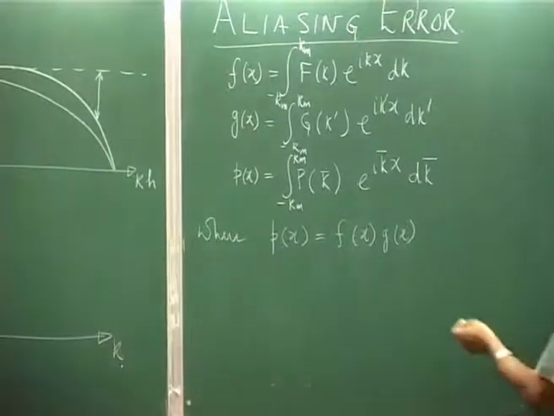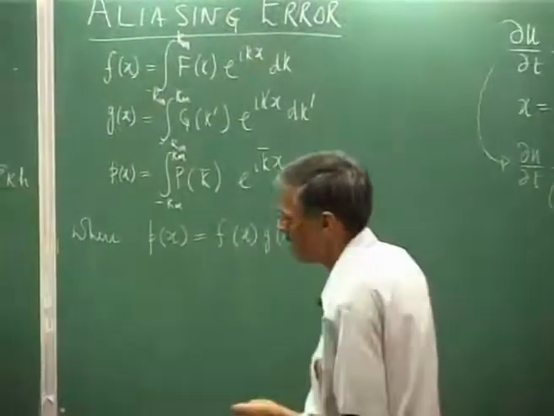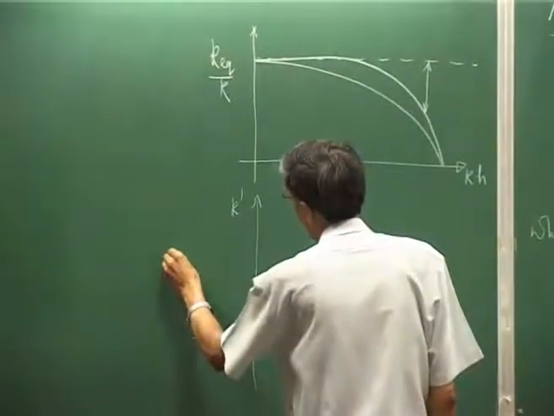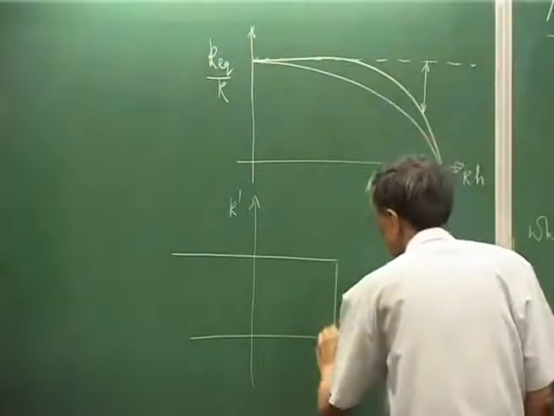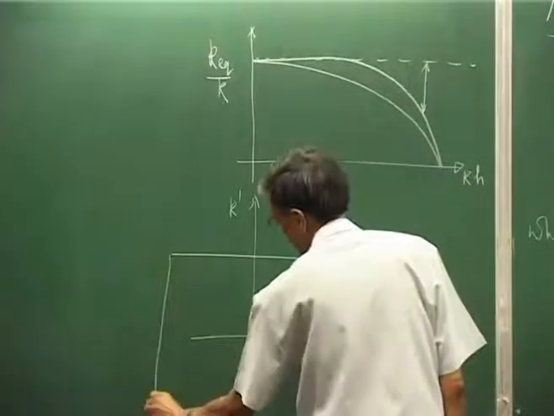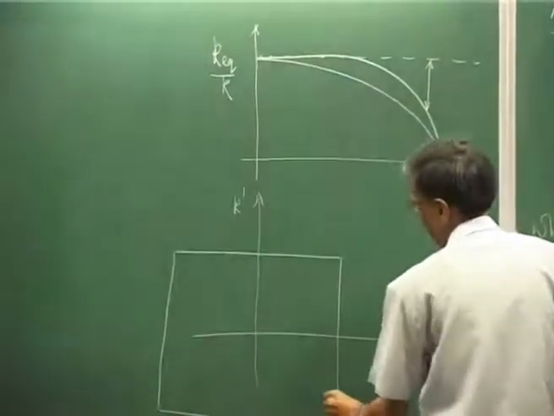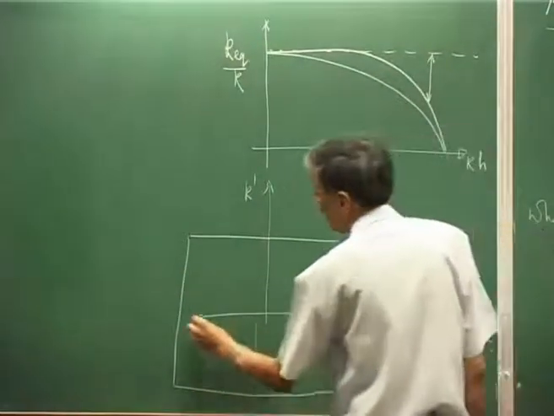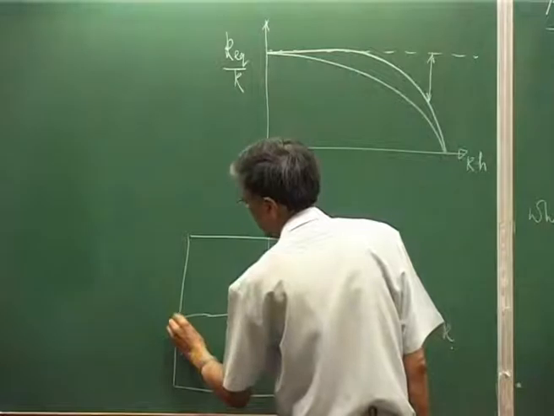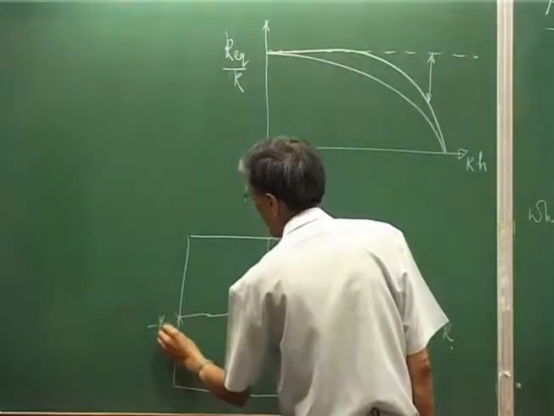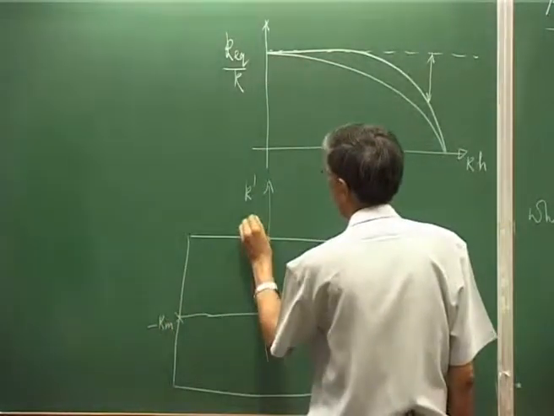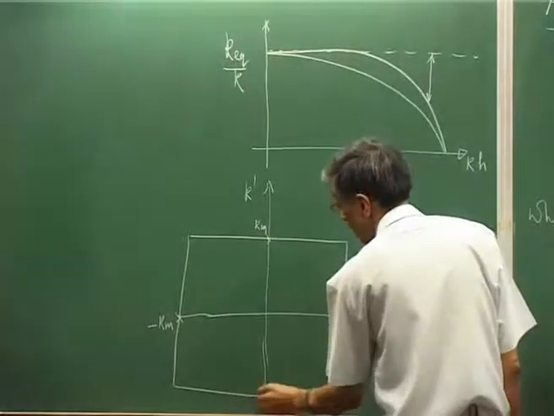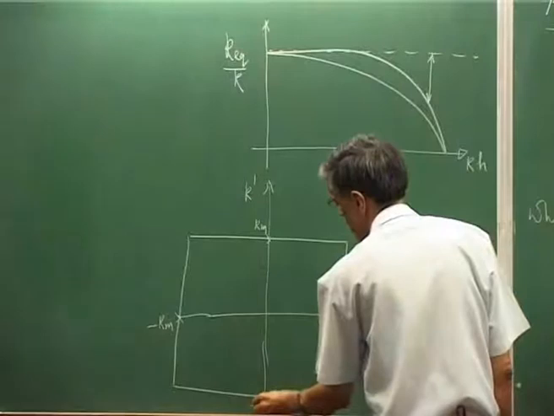Now, if I look at it in this plane, I should be actually focusing upon a box. So, this is your plus km and this is your minus km, and this is also your plus km, and similarly this will be your minus km.